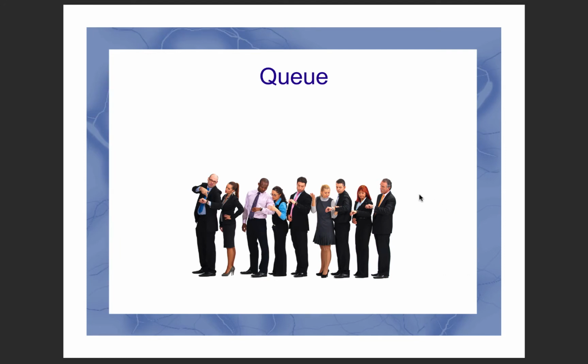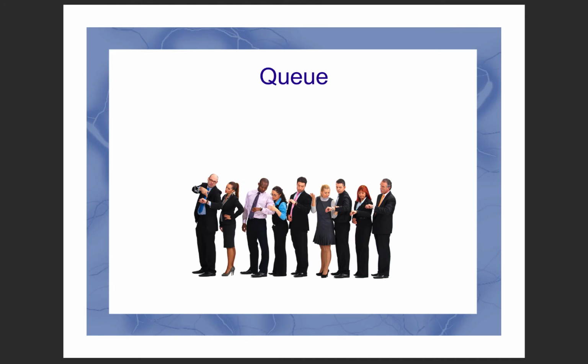Whatever you are inserting or adding into the queue should be added at the back of the queue, and whatever you want to delete, remove or serve from the queue, the first person or first element of the queue will be treated first. So this person came before all these persons. He joined the queue before all these persons, and he will be served before all these persons.